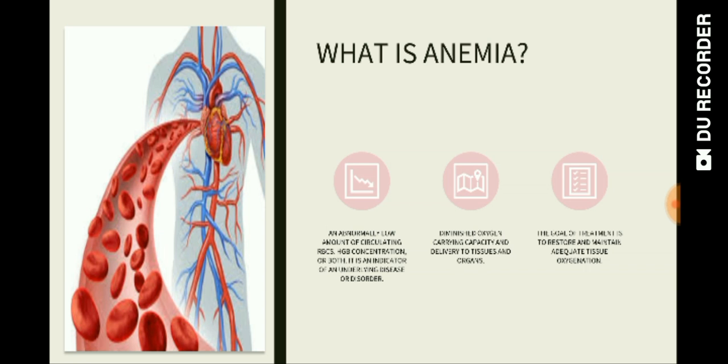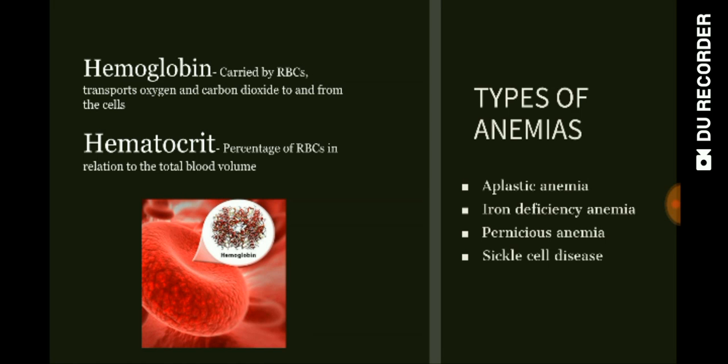There are different types of anemias, and they are both related to hemoglobin and hematocrit. Hemoglobin is carried by the red blood cells and it transports your oxygen and CO2 to and from the cells. Your hematocrit is just the percentage of red blood cells in relation to the total blood volume.